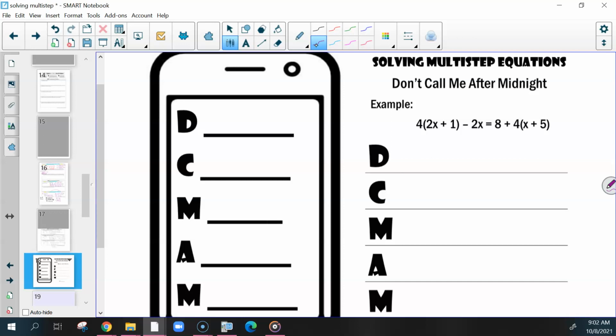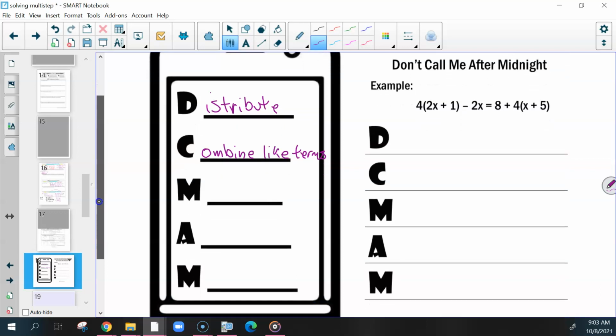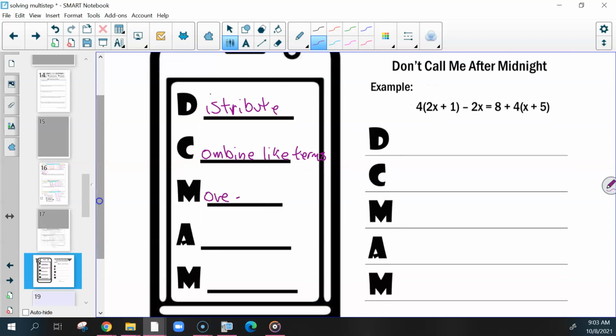So for this acronym, the D for "don't" is distribute. If there are parentheses, distribute. The C for "call" is combine like terms on the same side. These steps are like what we did before when we were solving, but there's another one: move the constant or variable.